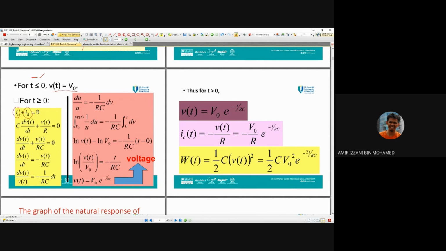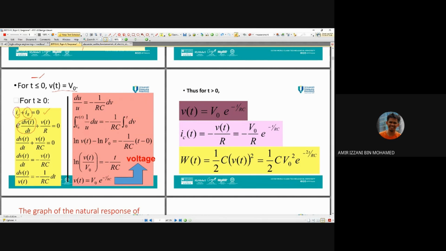It must equal 0 with different polarity, so I_C plus I_R equals 0. To determine the current for the capacitor, we use the following equation: C dV over dt.